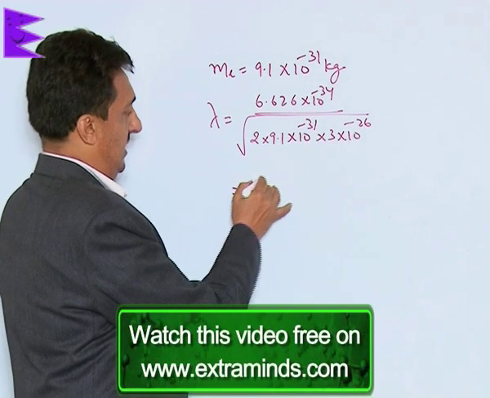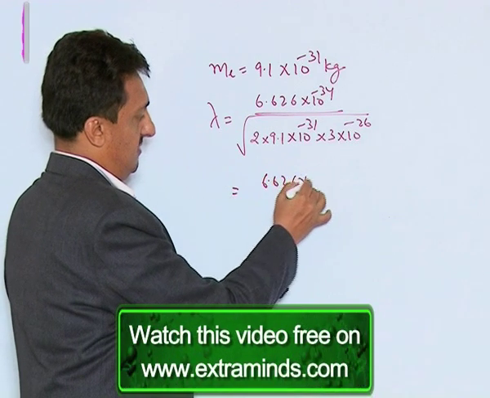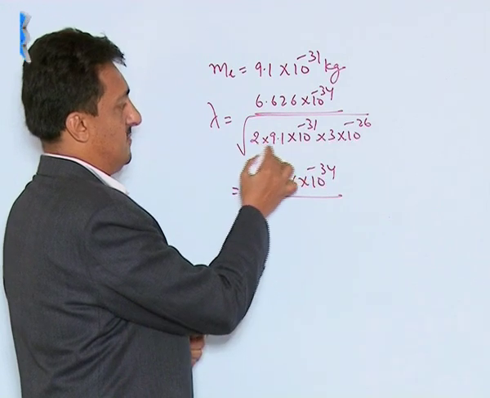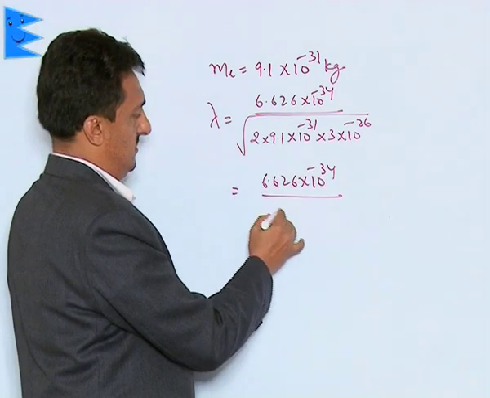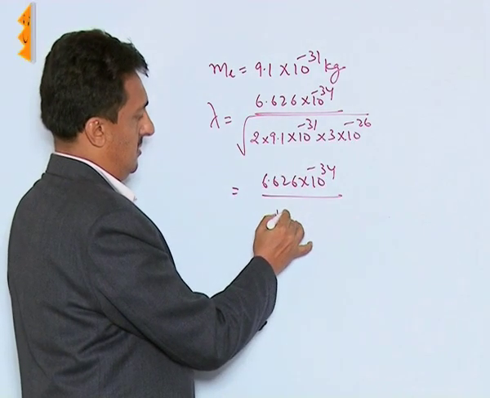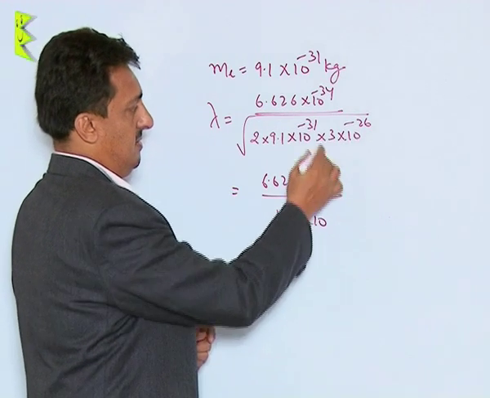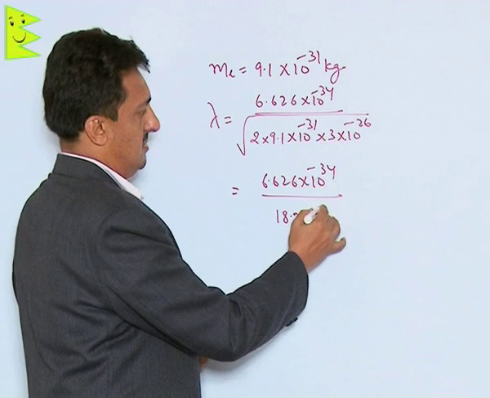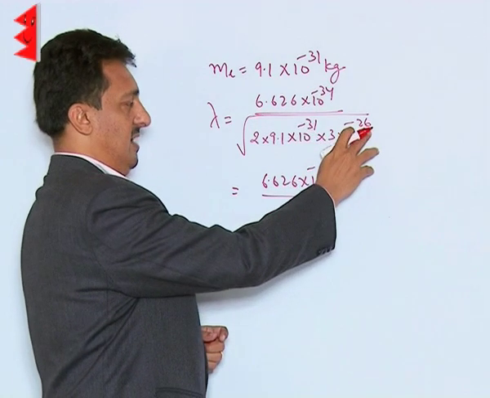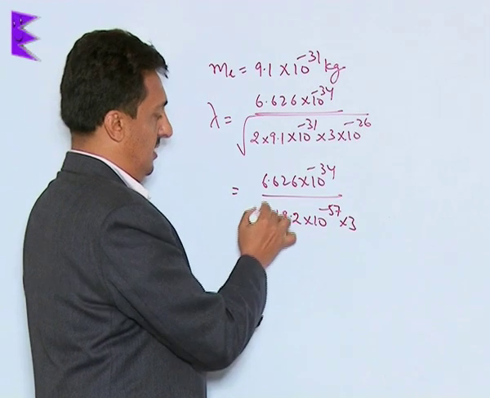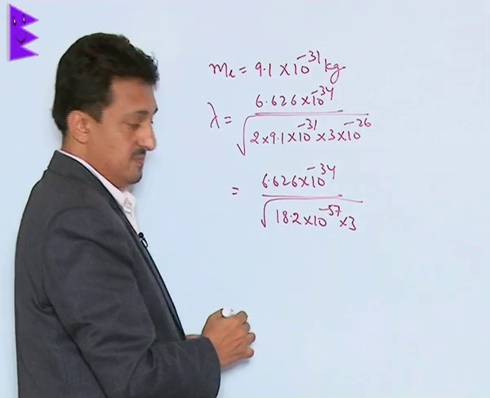So we can find out, it will be 6.626 into 10 to the power minus 34 upon this, which will become almost 18.2 into 10 to the power minus 31, and 26 will make it 57 into 3, the square root of this.